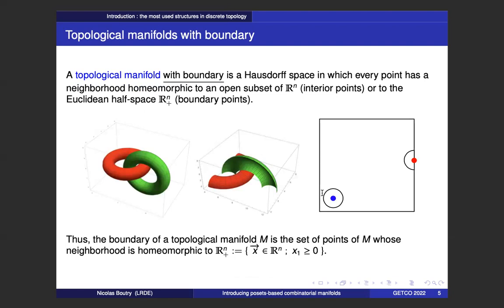When we have boundaries, in brief, there exist some points, for example, the blue point in this square. The blue point admits a neighborhood, and then it is in the interior of the manifold. And we have this point which does not admit a neighborhood homeomorphic to Rn, and then it is in the boundary of the manifold. Okay.